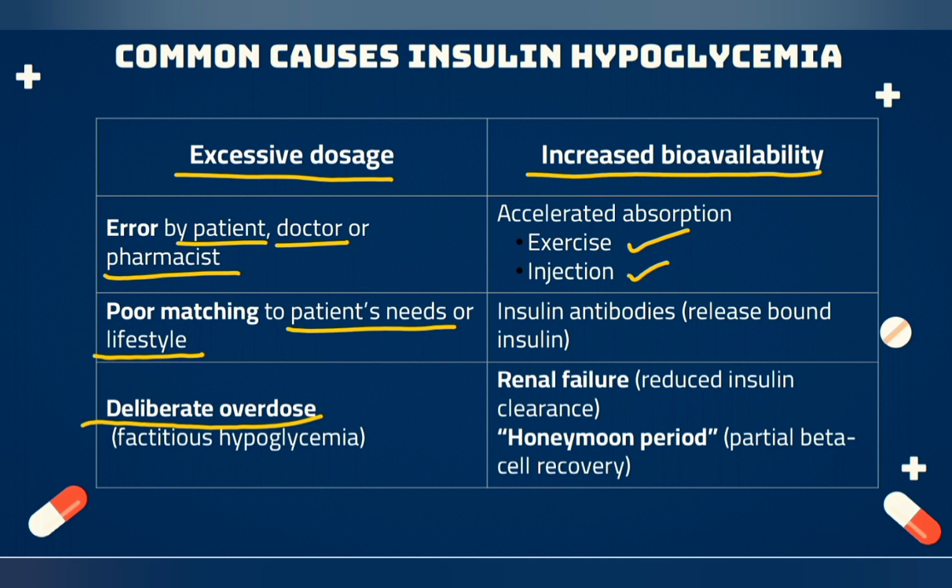Apart from that, the bioavailability can also be increased due to the presence of some insulin antibodies which release the bound insulin. If a person has renal failure, in such a condition the insulin clearance from the body takes a longer time, which is sufficient to produce hypoglycemia. And one more condition is the honeymoon period, when there is partial beta cell recovery.